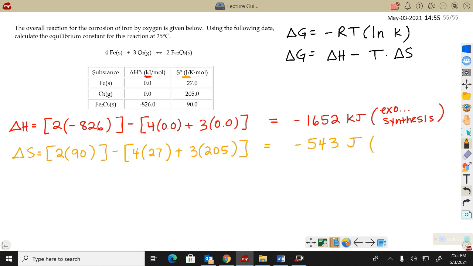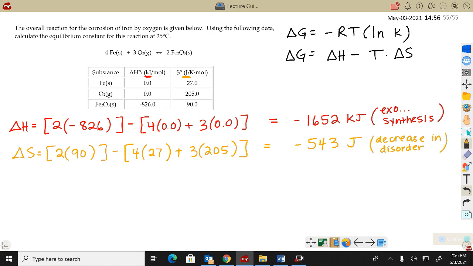And then I ask, does this make sense? Well, yeah, actually it does. This would mean a decrease in disorder. And that makes sense. I'm going from 7 moles down to 2 moles.